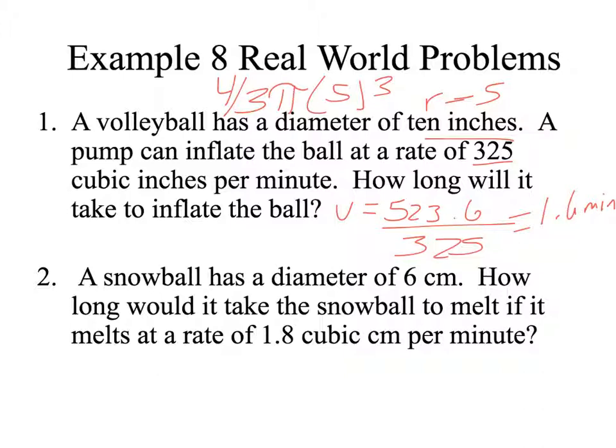Snowball. It's a good day to be doing a snowball problem considering we're going on our second day without school in the blizzard of 2016. So our snowball has a diameter of 6 or a radius of 3. So 4/3 pi times 3 cubed, find our volume.